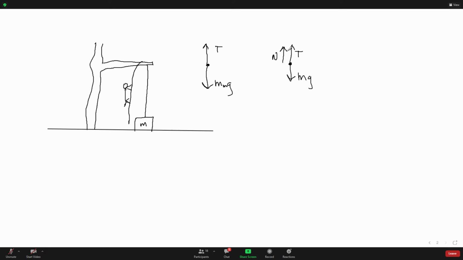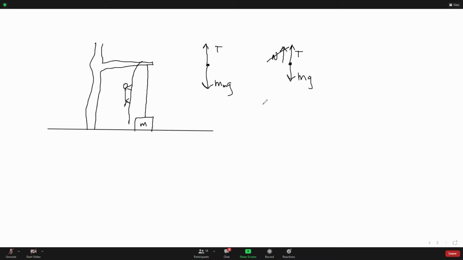Now, let's put in some constraints. Let's say that the monkey is accelerating up the rope just fast enough to lift the crate barely off the ground and support the crate. That means that the normal force goes to 0 and the acceleration of the crate is 0.